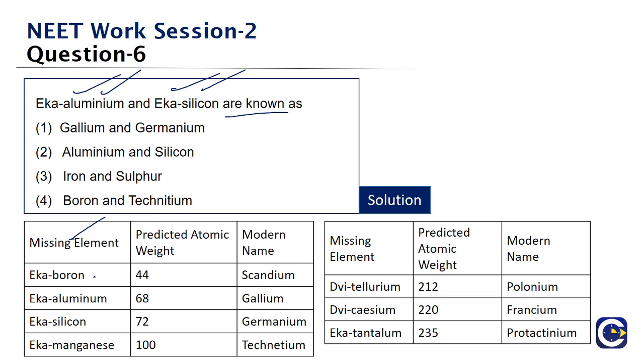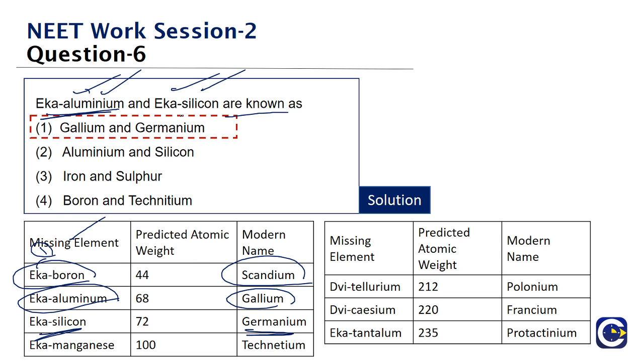So Eka-boron, as per the Mendeleev table, the one that will come after boron, Eka represents 1. The corresponding element discovered later is found to be scandium. Eka-aluminium is gallium. Then Eka-silicon is germanium.